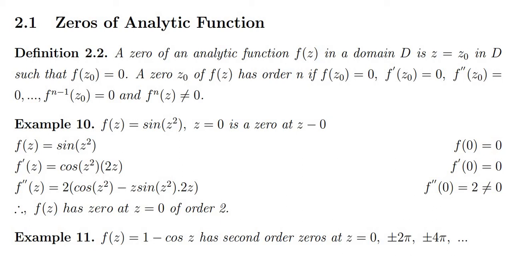Therefore, z equal to 0 is a zero of order 2 for sine of z square. Another example, f of z equal to 1 minus cos z has zeros of order 2 at 0, plus or minus 2 pi and so on.